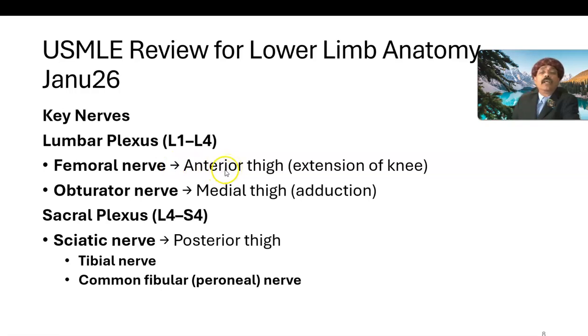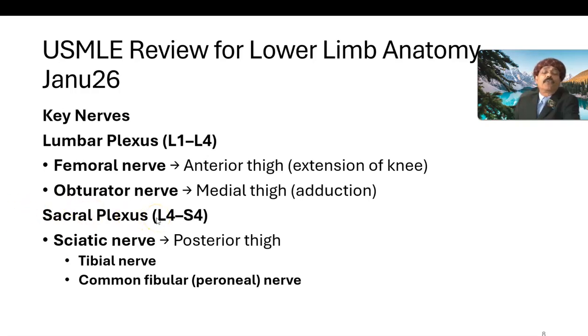I mean, the entire knee extension is done by the femoral nerve, but we have some flexors like the sartorius that flexes the knee joint, not a very strong flexor, a weak flexor, innervated by the femoral nerve. Obturator nerve, medial thigh, is essential for adduction. The muscles innervated by the obturator nerve are the adductor longus, adductor brevis, the adductor part of adductor magnus, the gracilis, and partly pectineus.